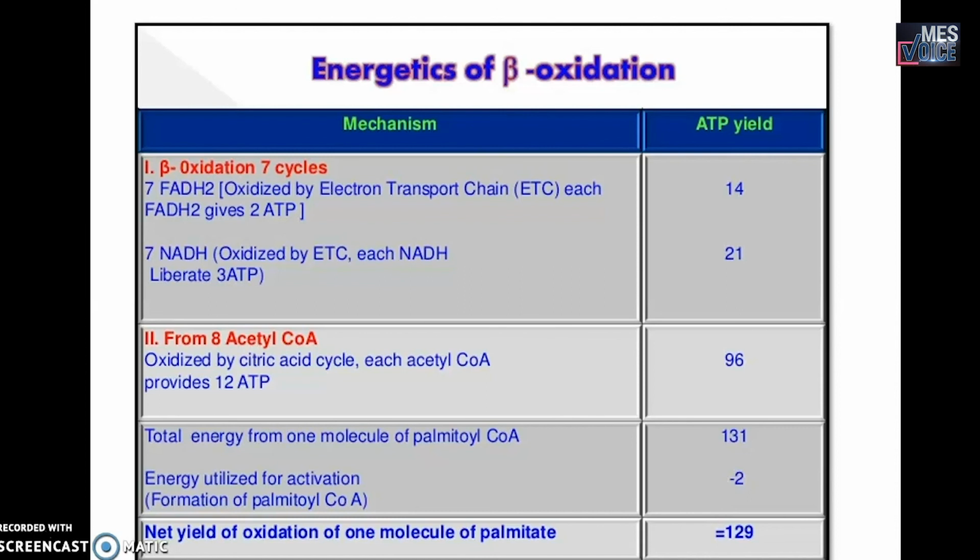We have utilized 2 ATP for activation. For the formation of fatty acyl-CoA, 2 ATPs are utilized. So the net yield or gain of ATPs from oxidation of one molecule of palmitate is 129. That's all about beta oxidation.